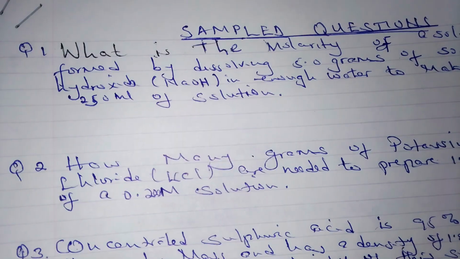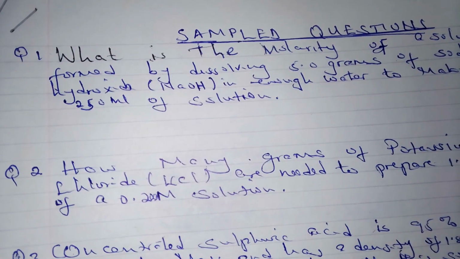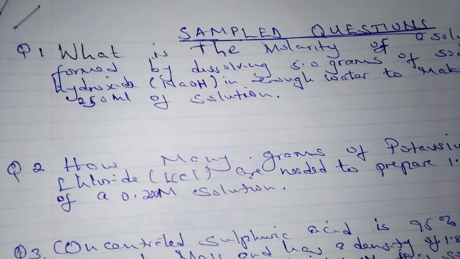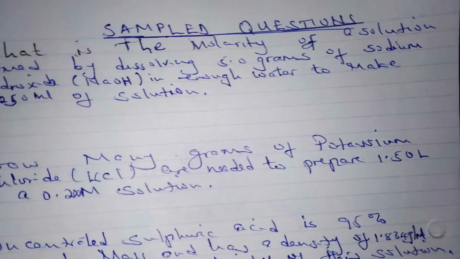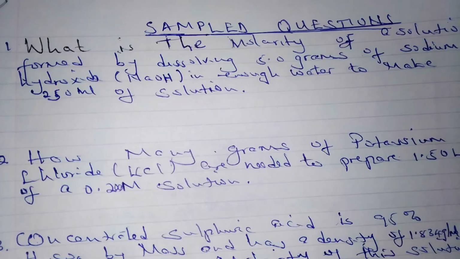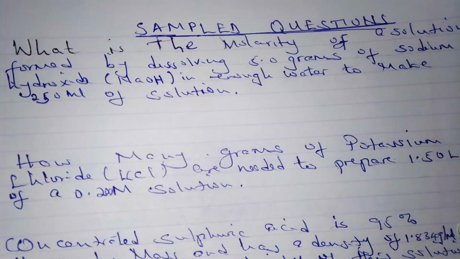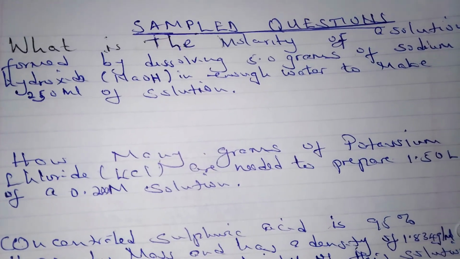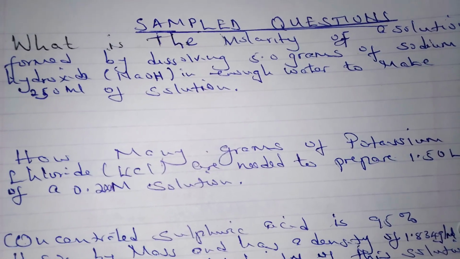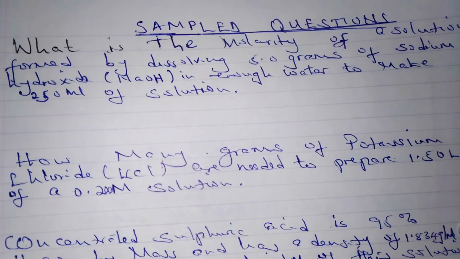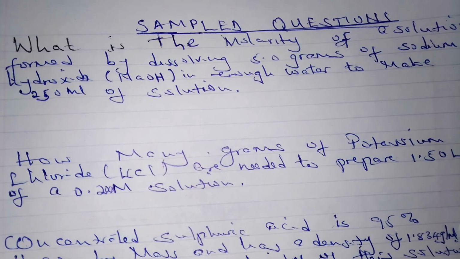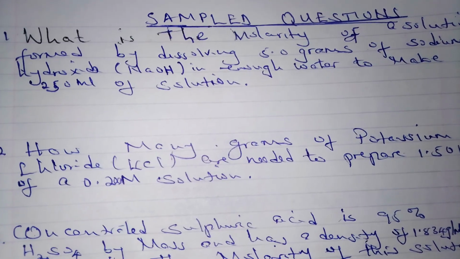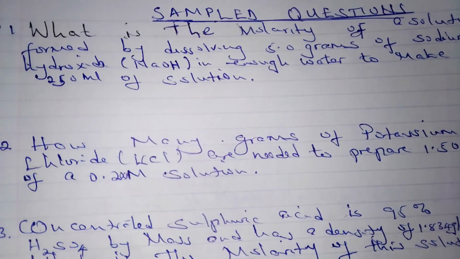Question 1 reads: what is the molarity of a solution formed by dissolving 5.0 grams of sodium hydroxide in enough water to make 250 cubic centimeters, or 250 mL, of solution?